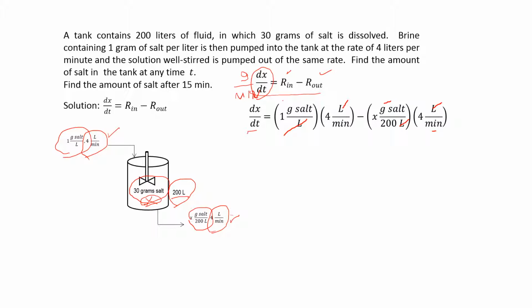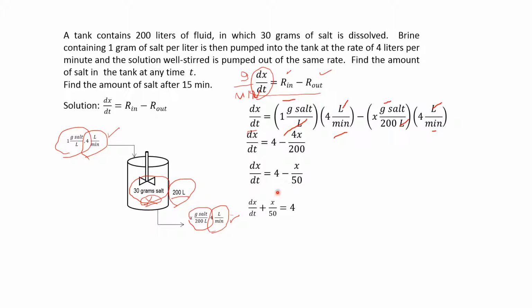So we have a consistency of units now, and our dx/dt will be 4 minus 4x over 200. This can be simplified into dx/dt equals 4 minus x over 50.